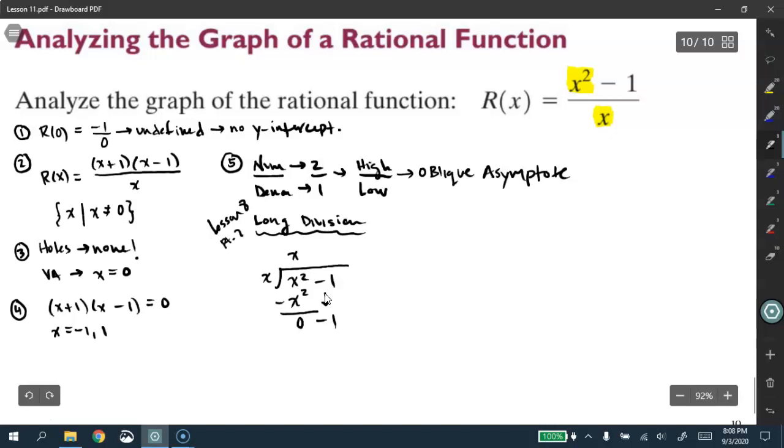I believe it's part 2, and it'll tell you about long division. We did several examples of that. So here's what we have: an oblique asymptote at y equals x, minus 1 over x. So basically, the x, where did I get that from?